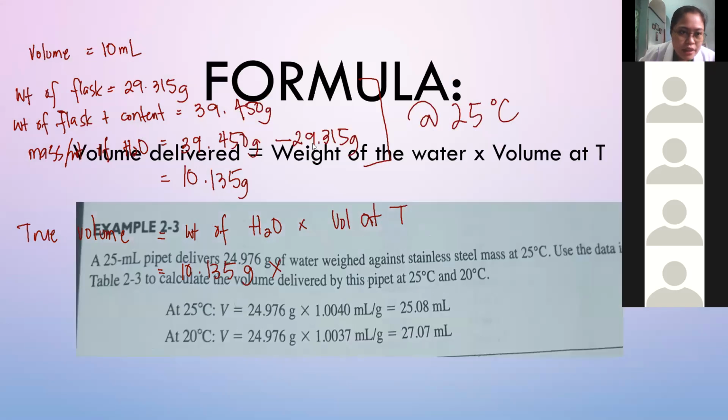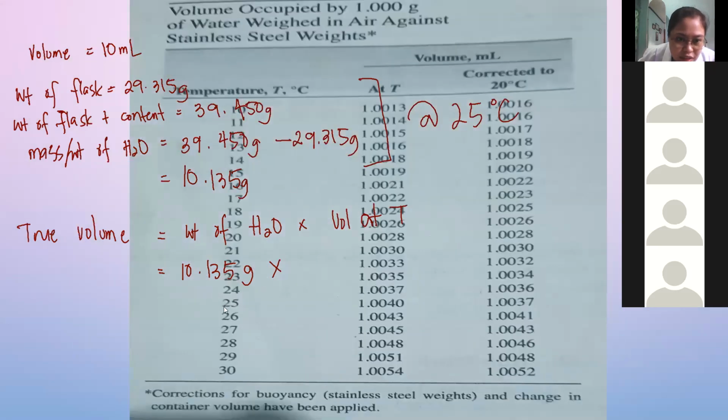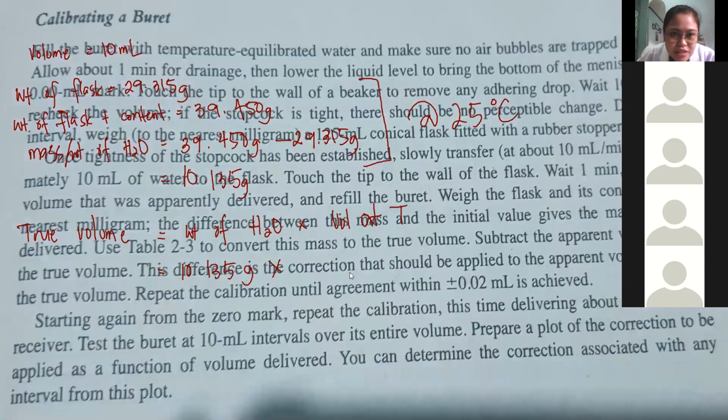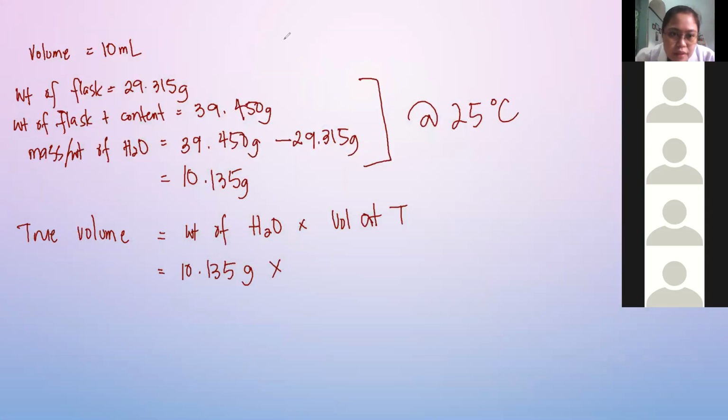Let's go back to the table. And then let's have 25 here. The temperature of our weighing is 25 degrees Celsius, and for example the water we weighed is also at 25 degrees Celsius. So we will be using this 1.0040. Okay? Remember 1.0040 ml per gram.